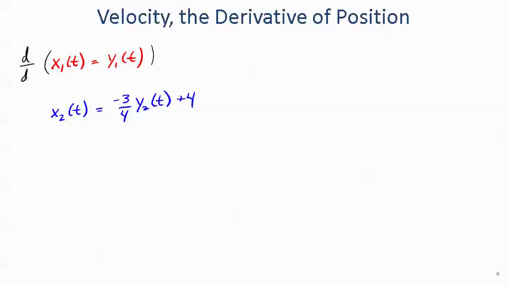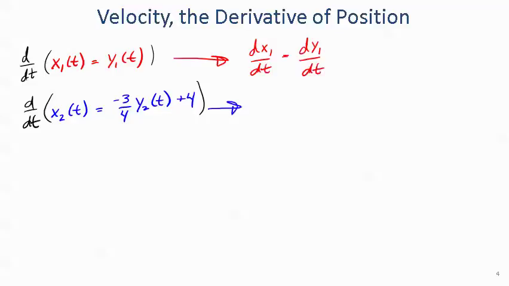So we can take the derivative, which we designate as d over dt, of both equations. And if you do that, and you remember how to take the derivative of things, you can just express these derivatives in this way: dx2/dt equals minus 3/4 dy2/dt.